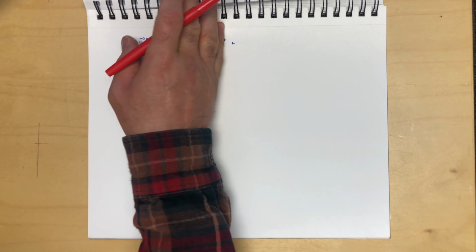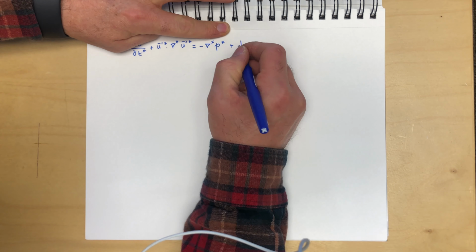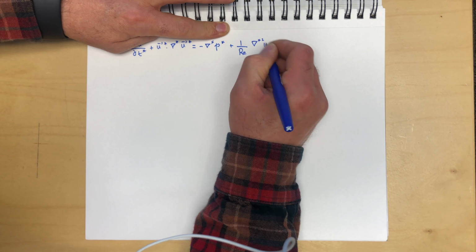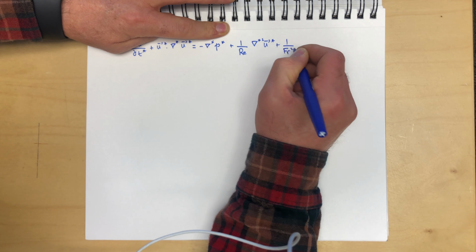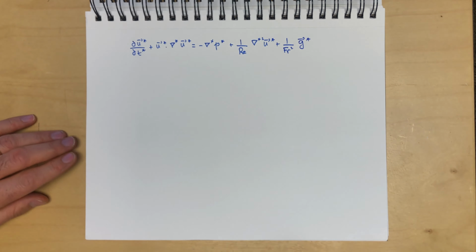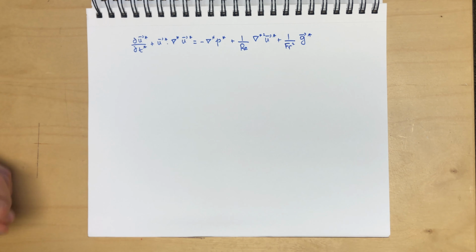So this gives us the inertially scaled Navier-Stokes equations: 1 over the Reynolds number, del star squared u star, plus 1 over the Froude number squared times g star. And that is the dimensionless form of the inertially scaled Navier-Stokes equations.